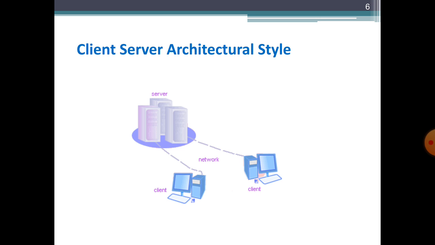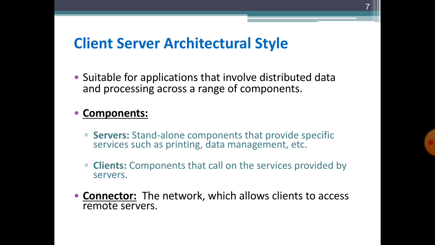In a network, the client server architecture allows an efficient way to interconnect programs that are distributed across different geographical locations. Client server architectural styles are mostly suitable for applications that involve distributed data or processing across a range of different components. So what kind of components are there? There are two kinds of components, servers and clients.